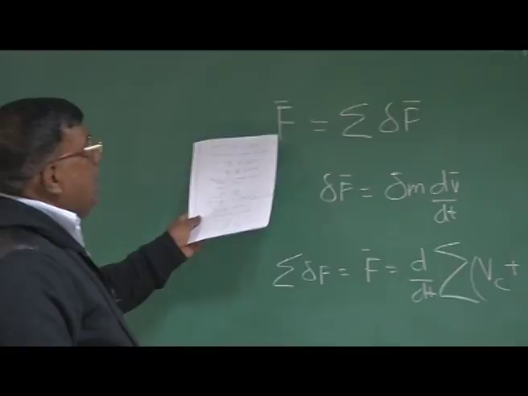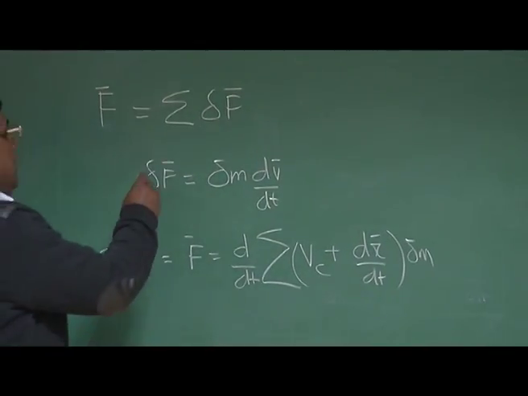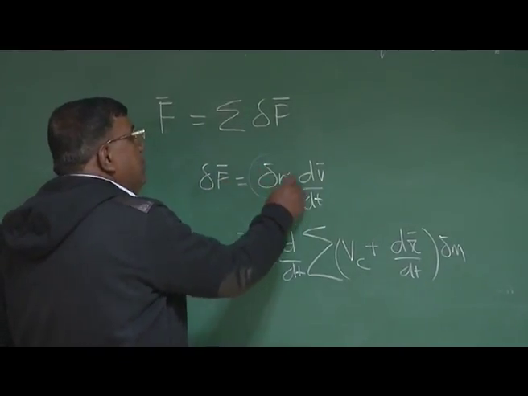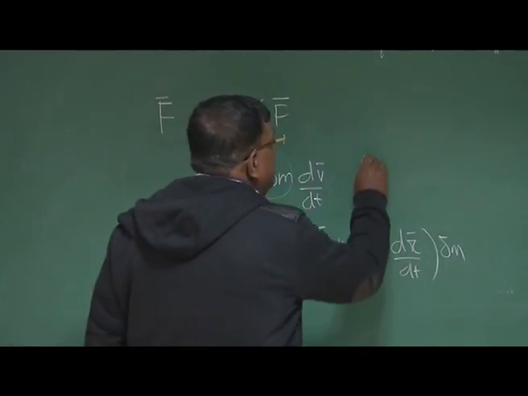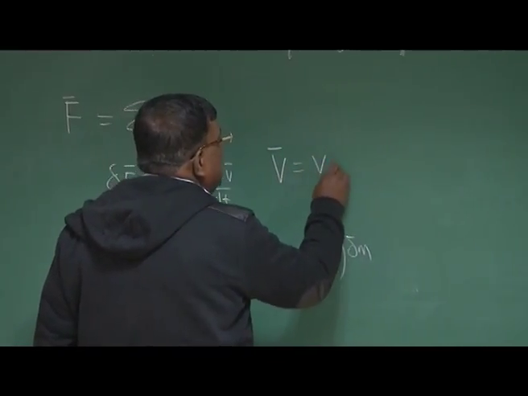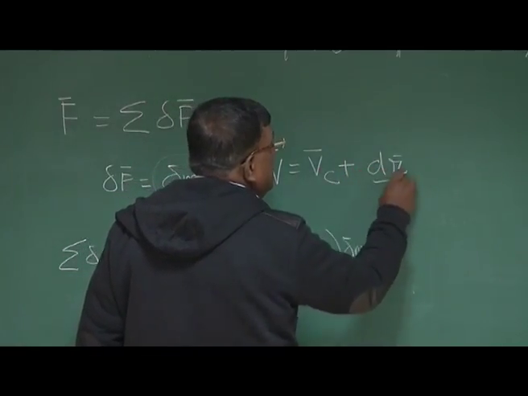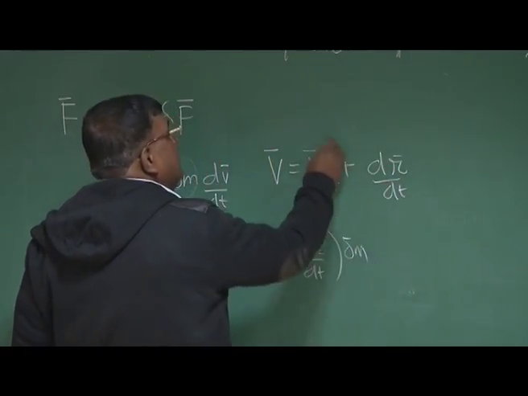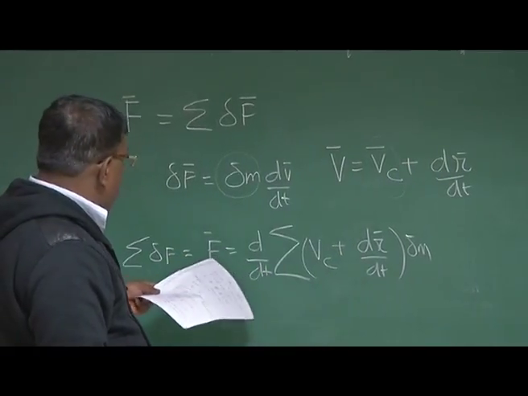So, let us see what F is. F external was the summation of delta F, and by Newton's law, we know delta F equals m dv by dt. So, for a delta m mass element, it is delta m dv by dt. And what was v? We have just now represented v as the velocity of the center of mass plus dr by dt. This is with respect to the center of mass, and Vc is with respect to the inertial frame. So, I have substituted this here.